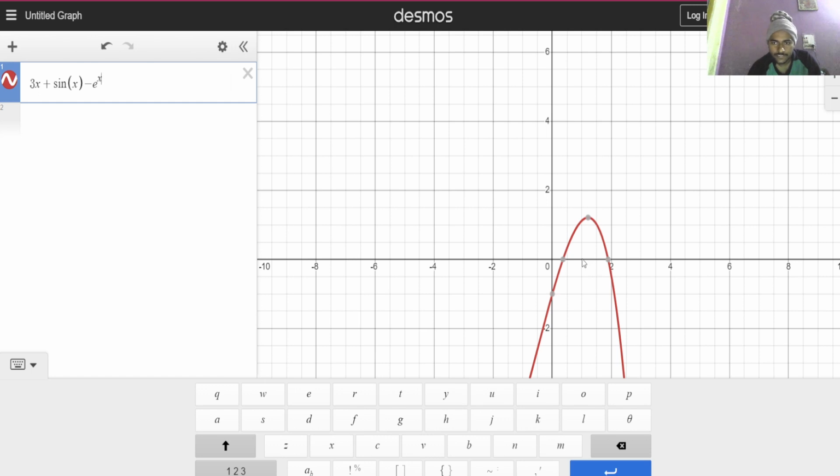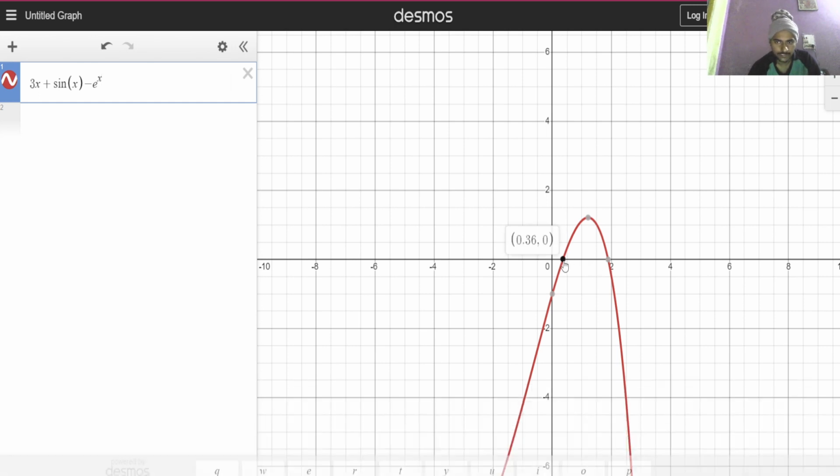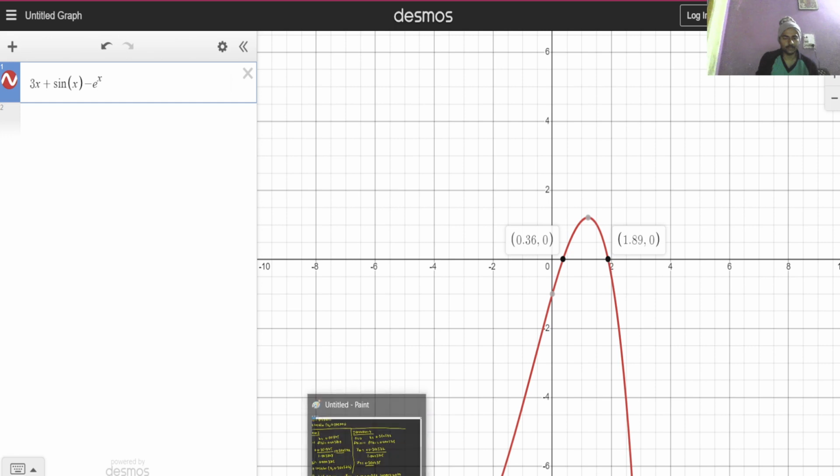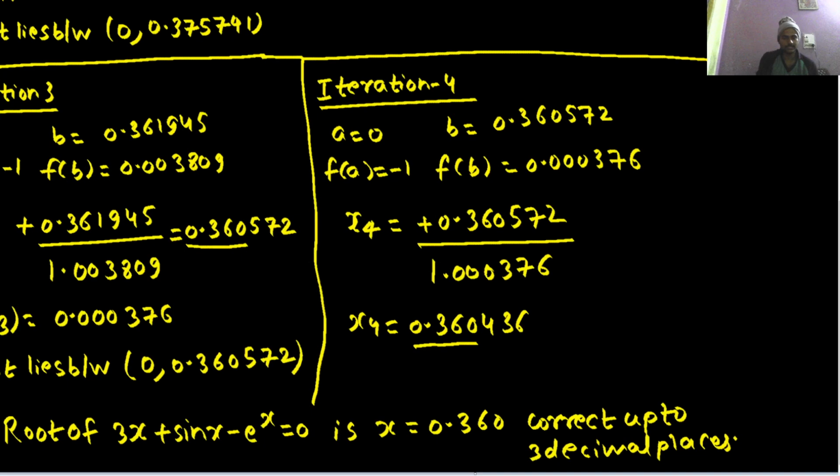So this, if I see the roots, is intersecting the x-axis twice, 0.36 and 1.89. So my root is obviously 0.36 something that was there, so it is actually matching with that. So if I see my calculations, then okay, fine, I would be happy with this. So this was it as far as this problem is concerned.